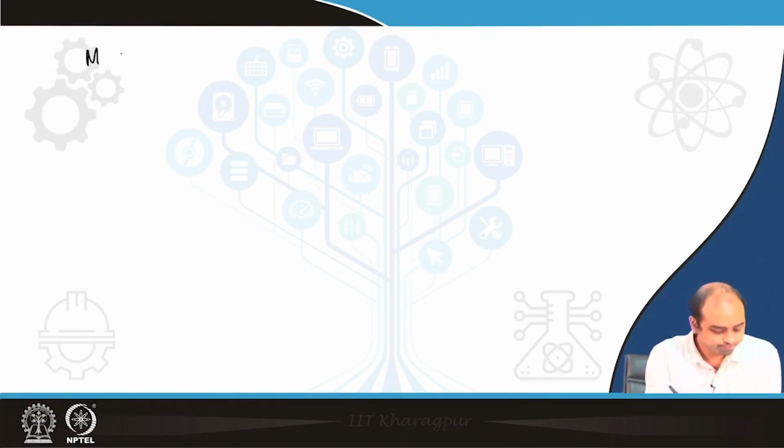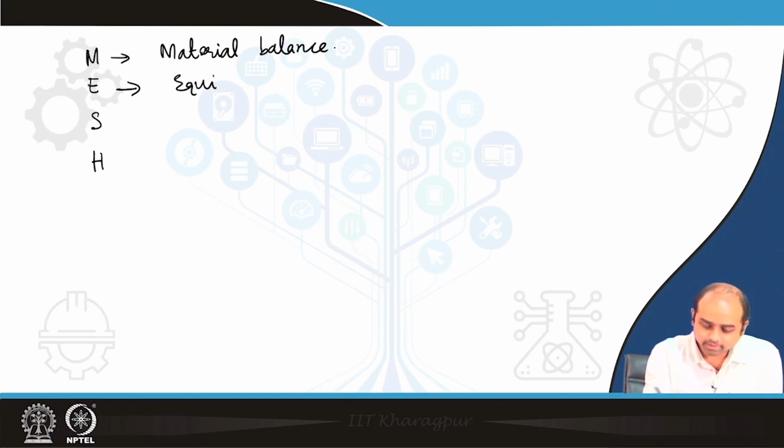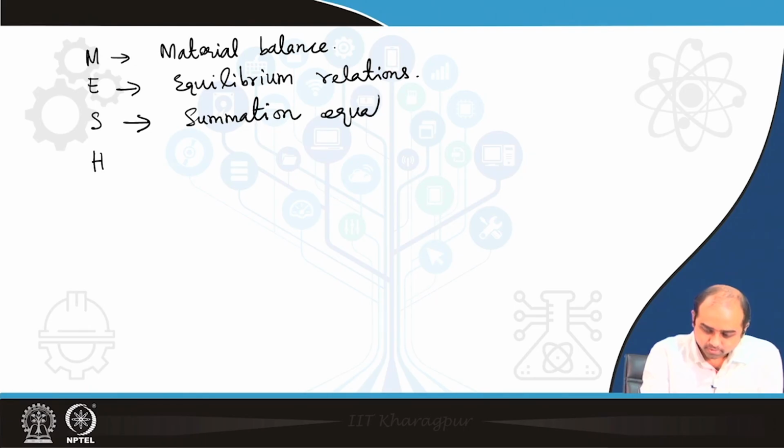So MESH represents the material balance, E stands for the equilibrium relations, S stands for the summation equation, and H stands for the energy balance.